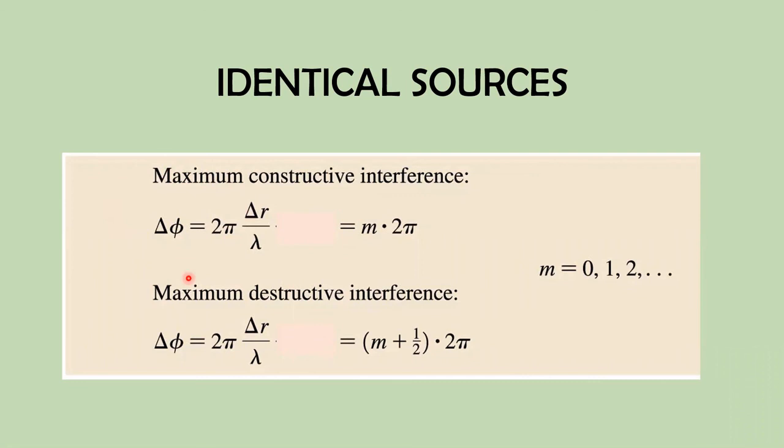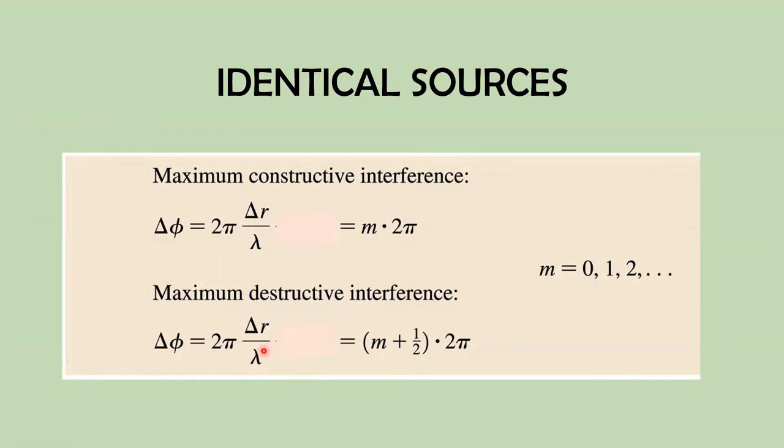And then you can just say this. You can say that the phase shift introduced by the path length difference must be a multiple of 2 pi if you want max constructive interference. In other words, it has to be an even multiple of pi, 2 pi, 4 pi, 6 pi.